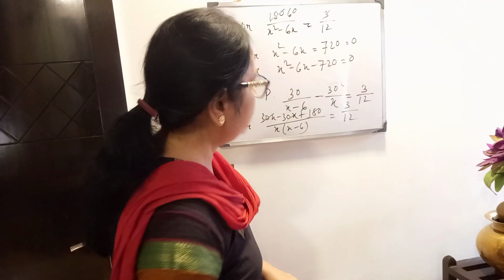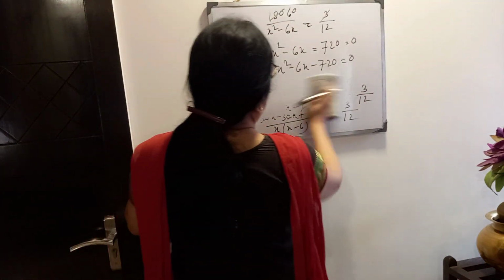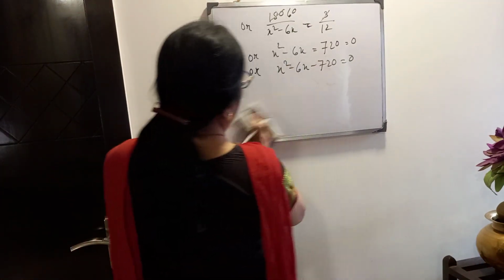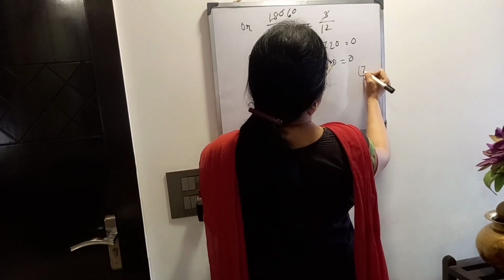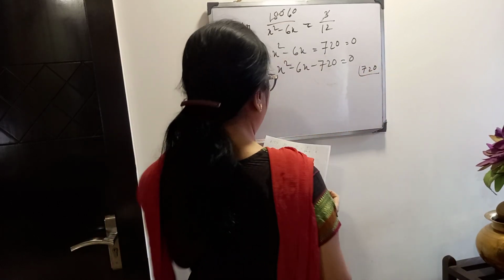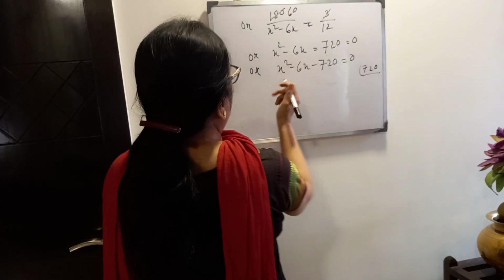We have to bring 6. Already I have calculated the factors. You will do by LCM like this way, you will find out. Okay, already I have done this. 30 and 24.